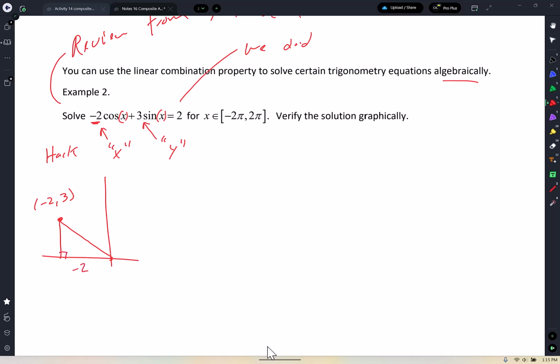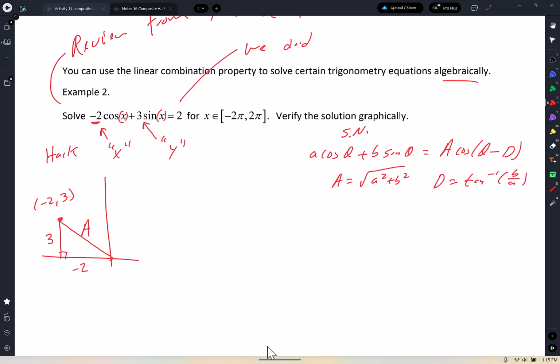This is -2, this is 3. I need to figure out this hypotenuse. I'm going to put the letter A, and I'm going to put a side note here because this is what we did in the fall semester. A cosine theta plus B sine theta, sometimes we say x in there, equals capital A cosine of theta minus D, where capital A was the square root of A squared plus B squared, and D was arctan of B over A. Check the quadrant to get the right angle.